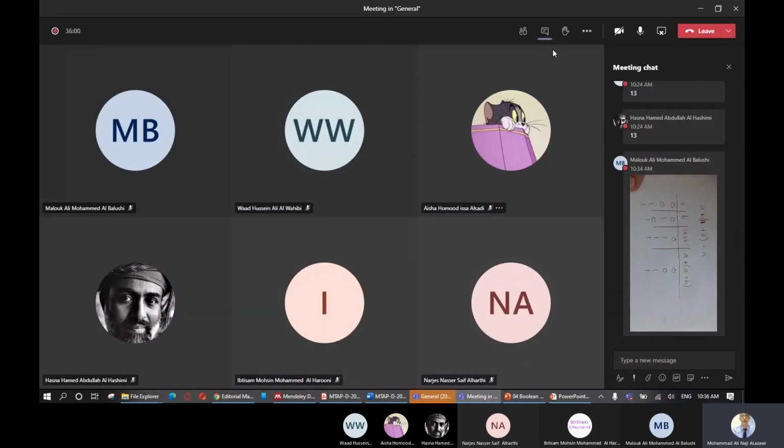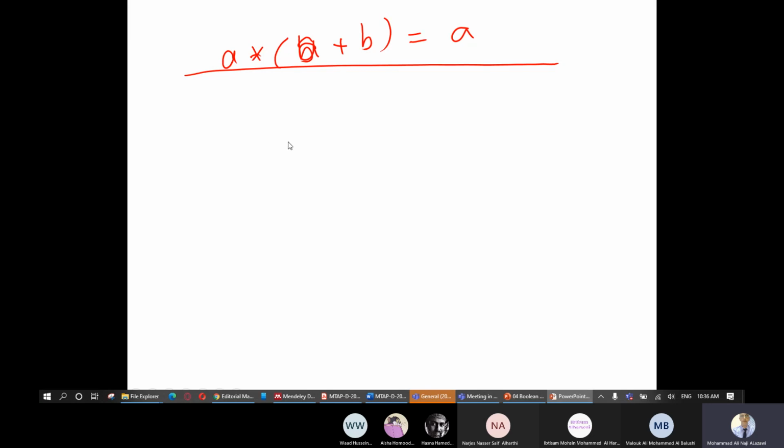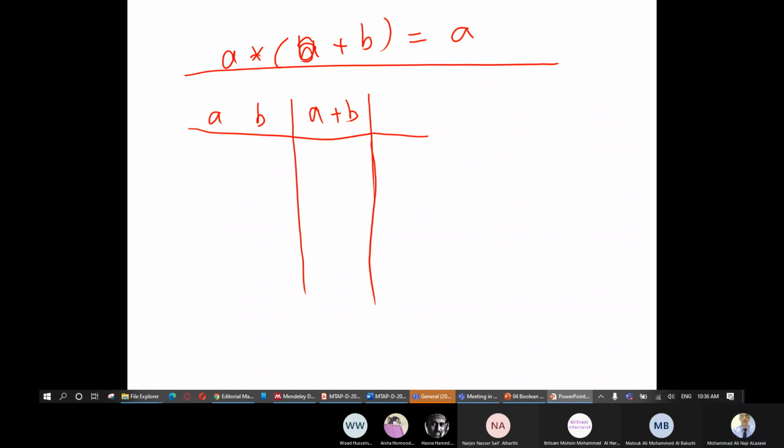All right, A is 0,0,1,1 and B is 0,1,0,1. A plus B is equal to 0, 1, 1, 1. Perfect. Thank you very much. Excellent. So, as the student answered, I have A, B, A plus B, and A dot (A plus B).